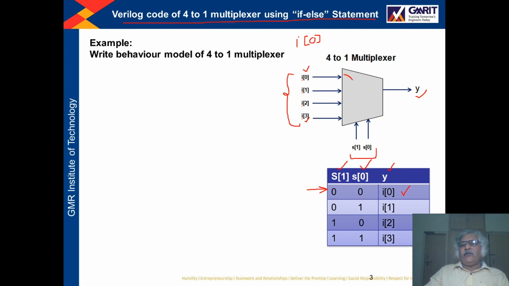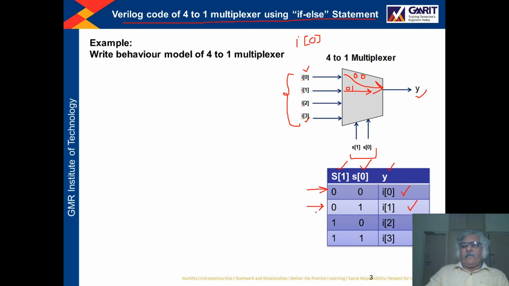So this I0 will be transferred to the output when S1 and S0 are 0 0. Now come to the second condition: if S1 is 0 and S0 is 1, then at the output we have the value which is present at I1. So this I1 value will be transferred to the output Y if S1 is 0 and S0 is 1.